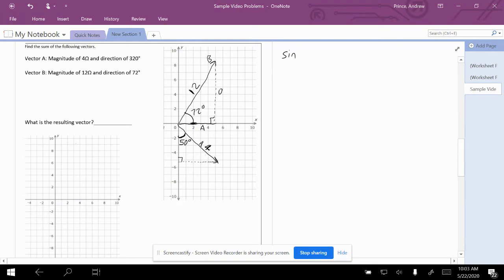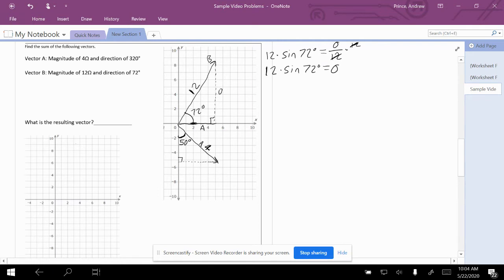So if I have 72 degrees, sine is going to be my opposite over my hypotenuse, right? SOH, sine equals opposite over hypotenuse. So sine of 72 degrees equals the opposite, which is unknown, over the hypotenuse, which is 12. With a little bit of cancellation to isolate our unknown variable, this comes down to 12 times sine 72 equals the opposite.